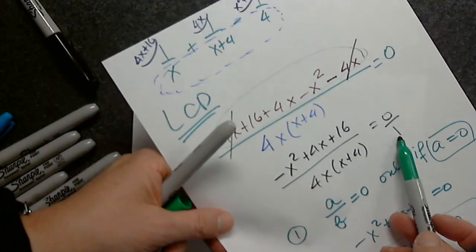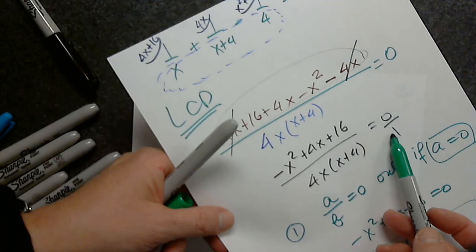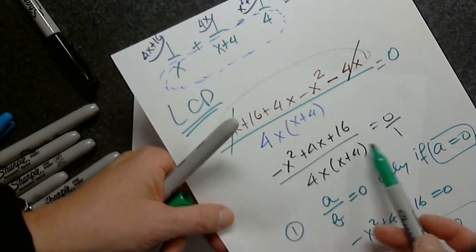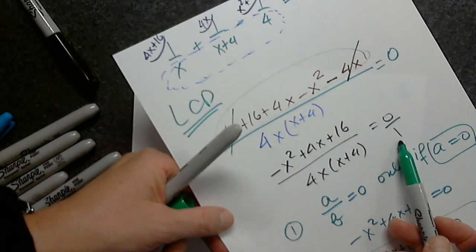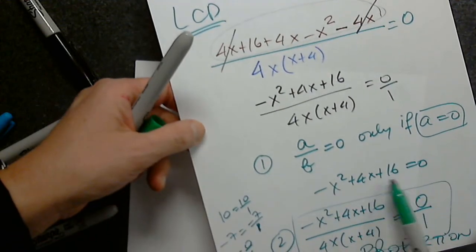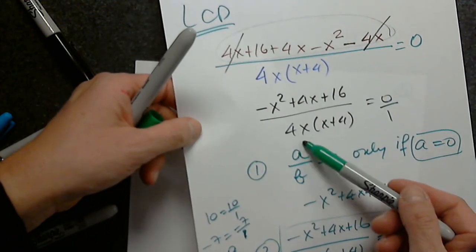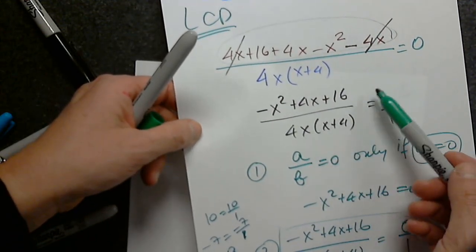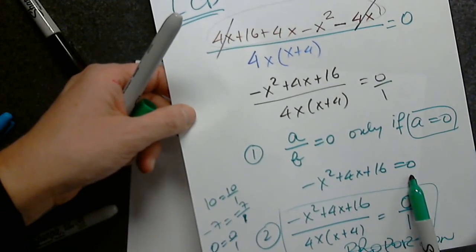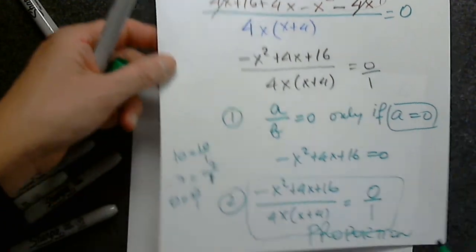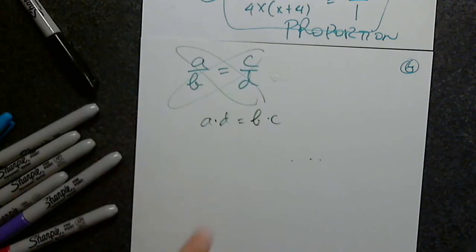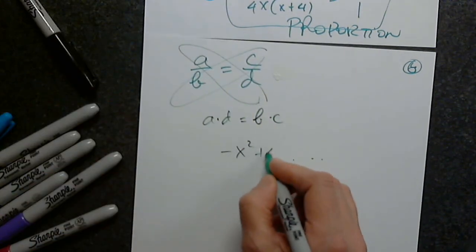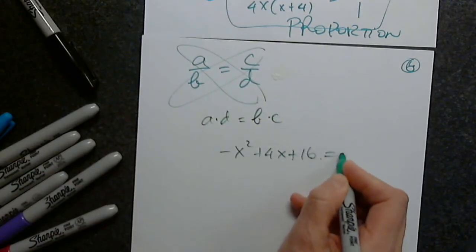When I multiply this by 1, what do I get? Itself. When I multiply this by 0, what do I get? 0. Exactly the same equation. No matter which method I use, I still get negative x squared plus 4x plus 16 equals 0.